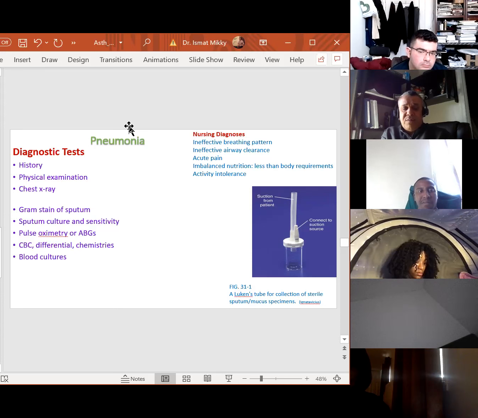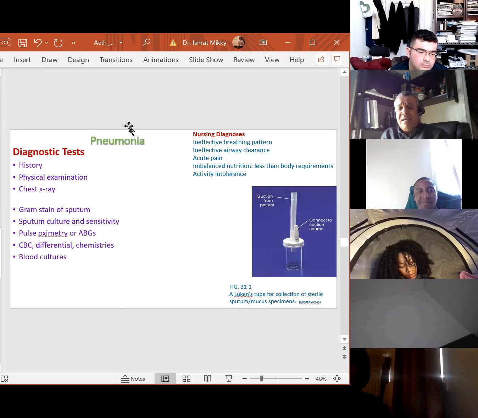So the antibiotic shouldn't be started before we get the sputum for culture and stain. We do this on the specimen, send it to the lab, and we can start the antibiotic right away.